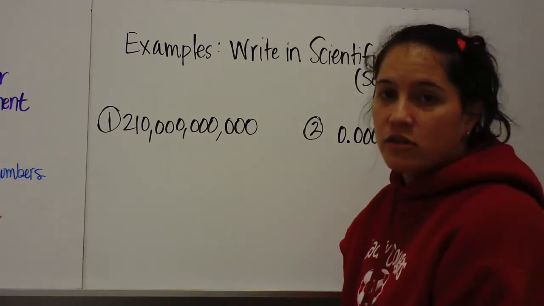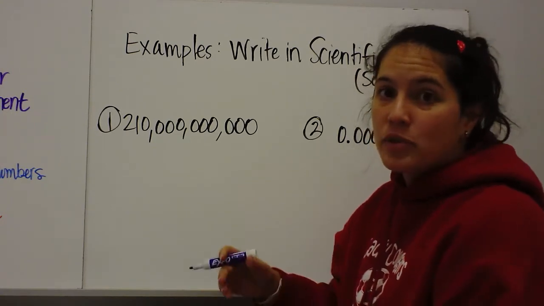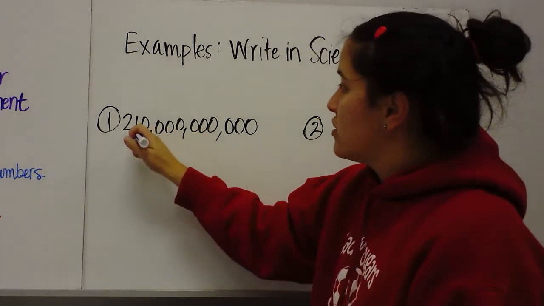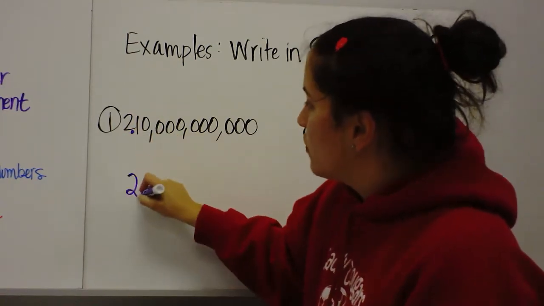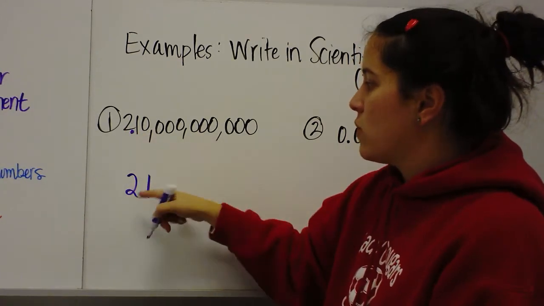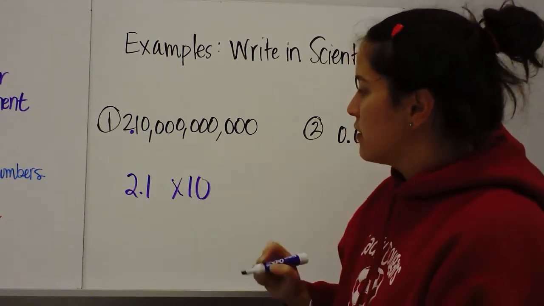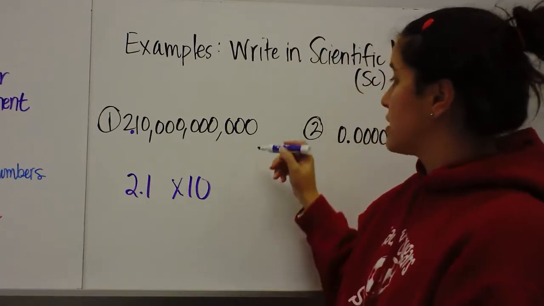So the first thing you do is we need to insert a decimal, so we have a number between 1 and 10, and it's going to be close to the end, so I have made now 2.1, because I have a number now between 1 and 10, 2.1 times 10, and then my exponent comes from how many times I moved my decimal.